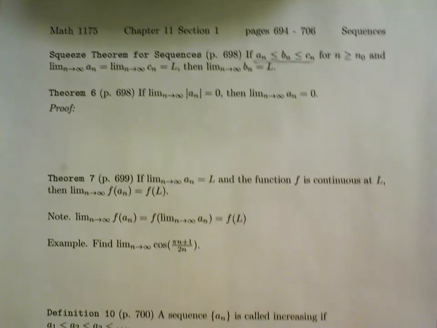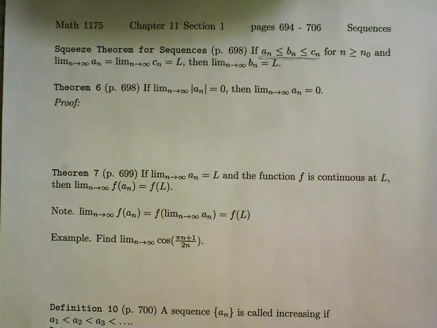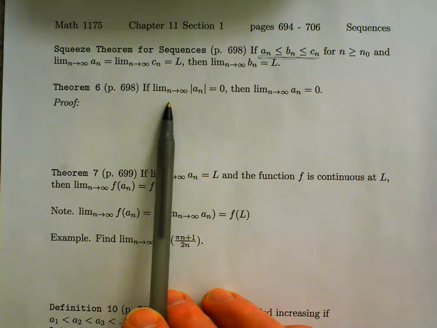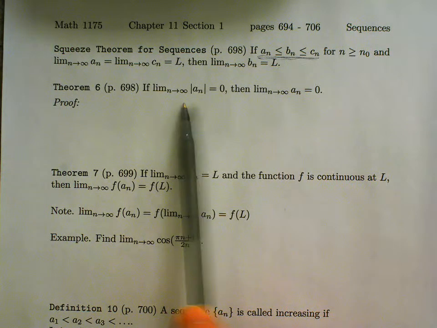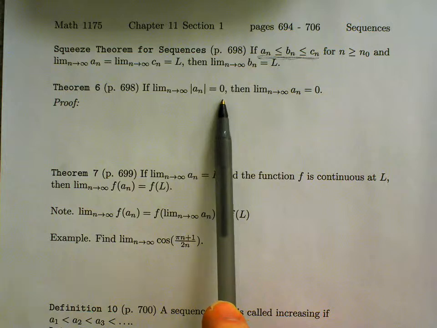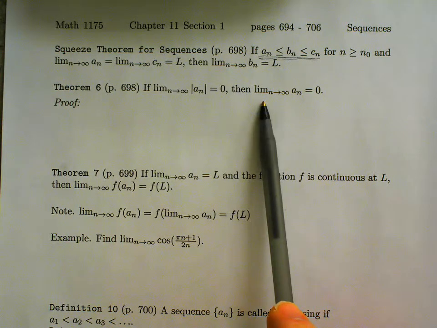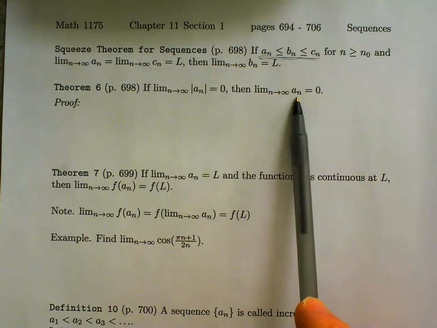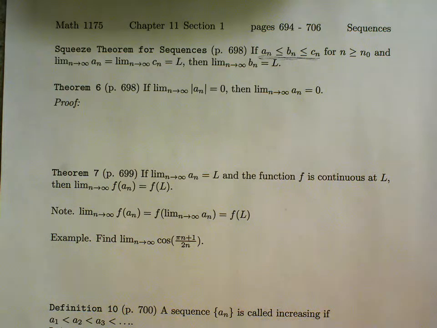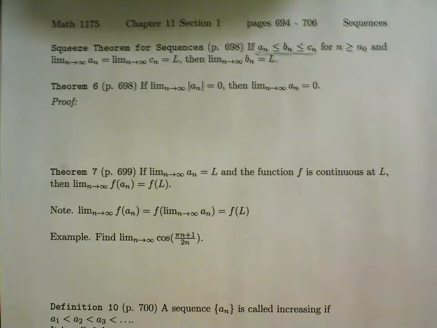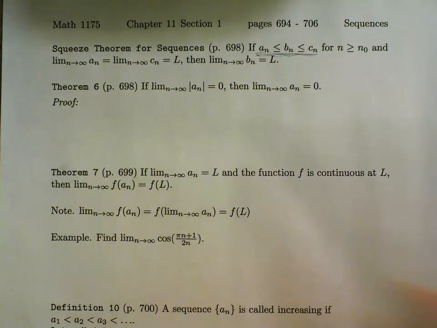Okay, now Theorem 6. If the limit of the absolute value of a sub n as n approaches infinity is equal to 0, then the limit of the sequence a sub n as n approaches infinity also equals 0. So we'll do a short proof of this.